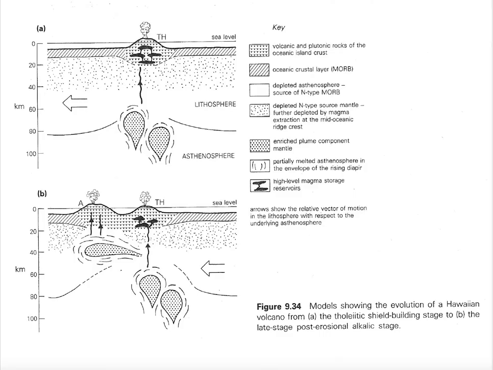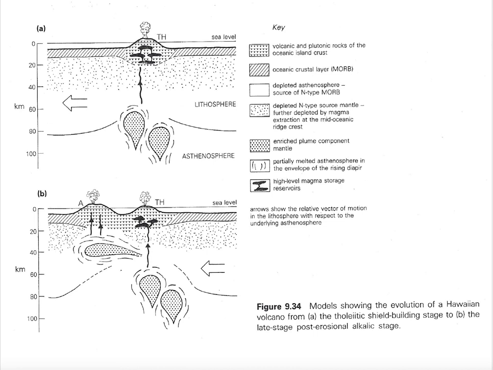So here we have now a model showing the evolution of the Hawaiian islands. Here we have the plumes rising up from the asthenosphere, and the lithospheric mantle, or the oceanic crust, is moving to this side, and therefore we are forming tholeiitic volcanic rocks at first.